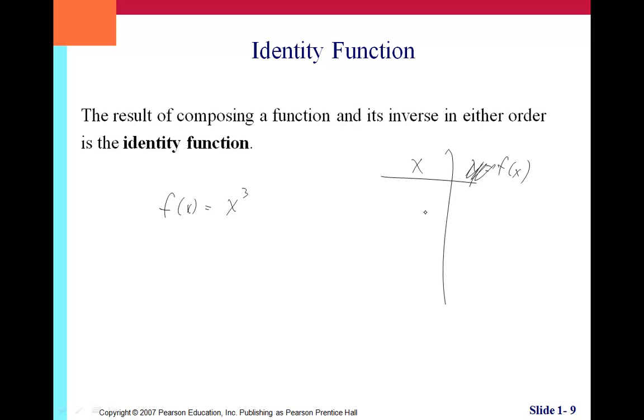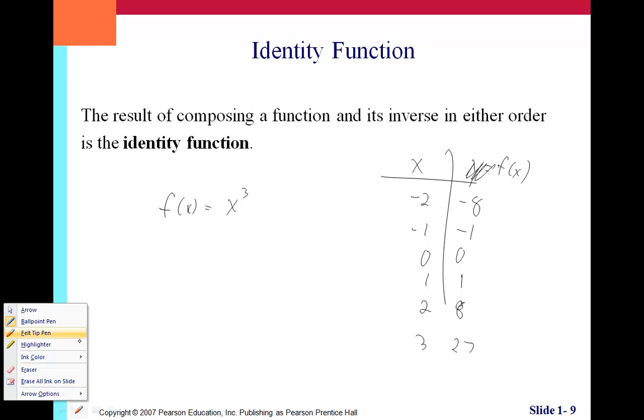If you do -2, that's going to map to -8 if it's the x cubed function. If you do -1, that's going to map to -1, because if you cube -1, you get that. 0 maps to 0, 1 will map to 1, 2 will map to 8, 3 will map to 27. The inverse of this function, and here's how we can find that.